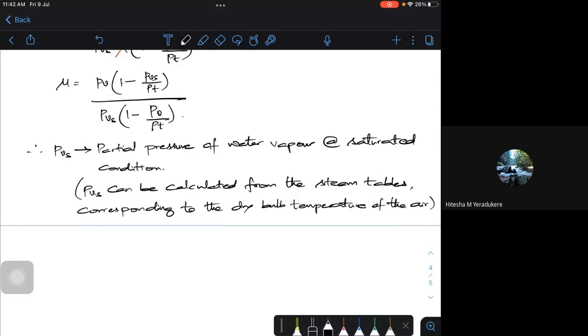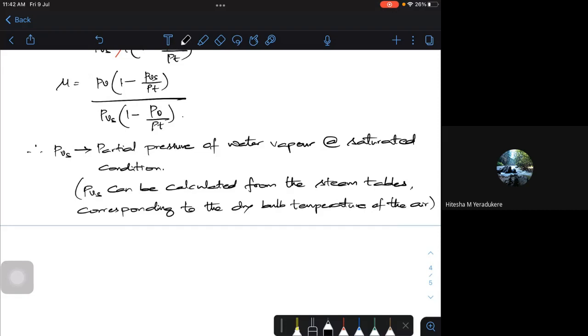Are you getting? So this will help you when you are solving the numericals. So where will I get the PVS? PVS I can calculate from the steam tables. If you're able to calculate this, you can proceed and solve the numericals for those given conditions. Are you getting?